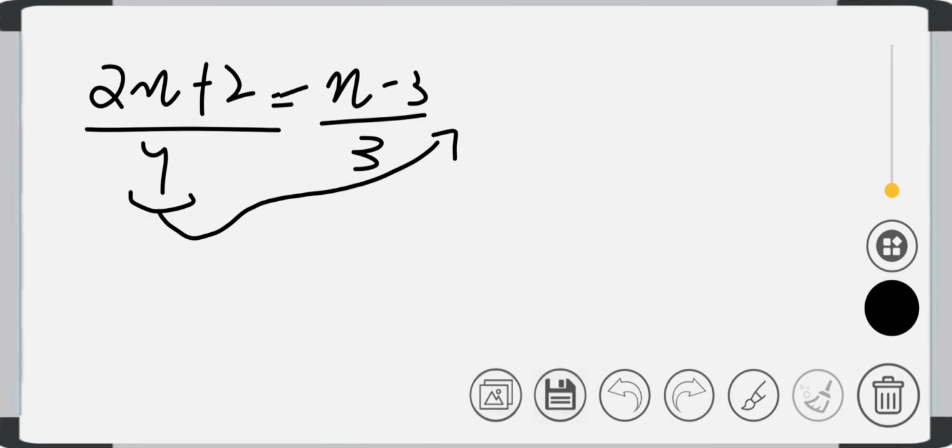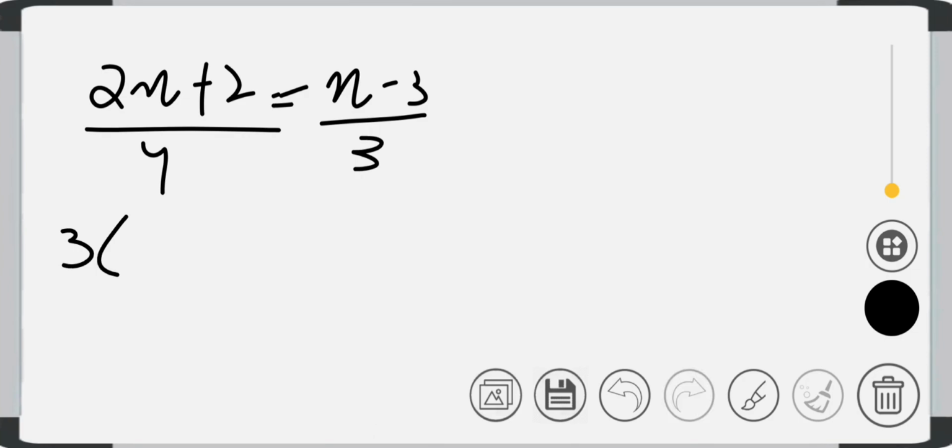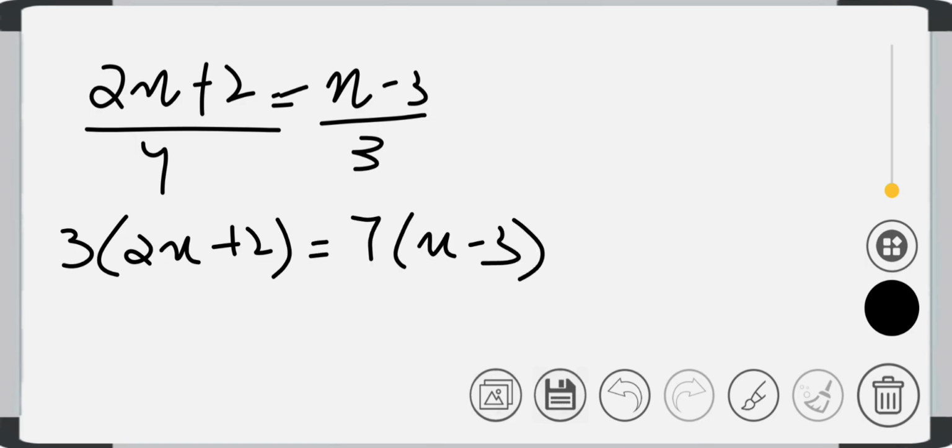And as I told you, if something is dividing, it multiplies on the other side. When you shift that thing to the other side of the equal sign, it changes its sign. So 3 now multiplies 2x plus 2, and 4 multiplies x minus 3.